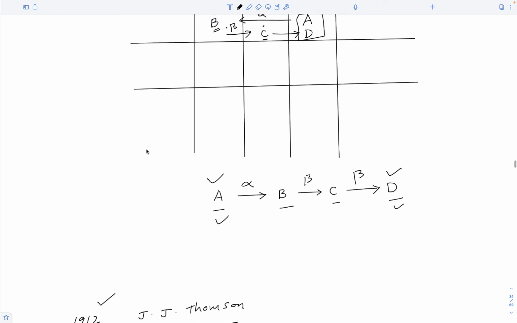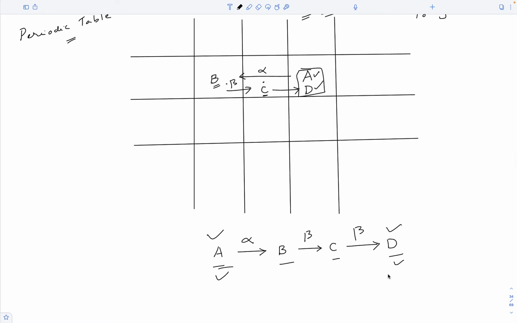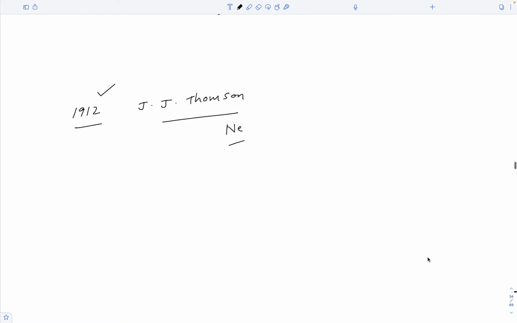Therefore, from this experiment and from his own studies, Soddy understood that actually A and D are not two different elements after all. They are atoms of the same element with different masses. Atoms of the same element could have different masses.